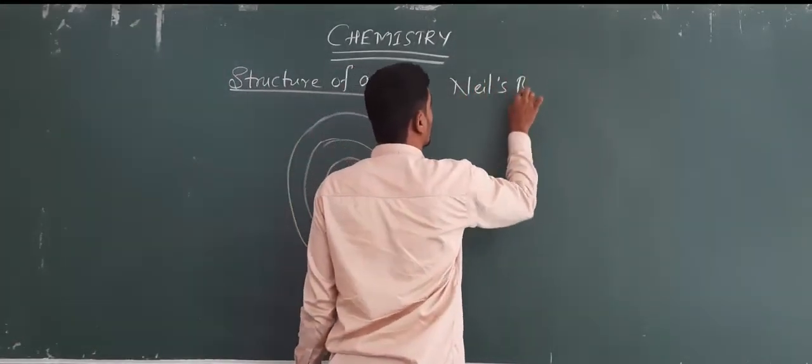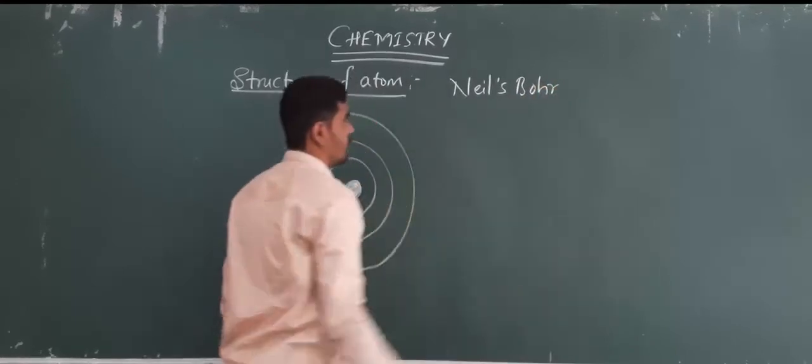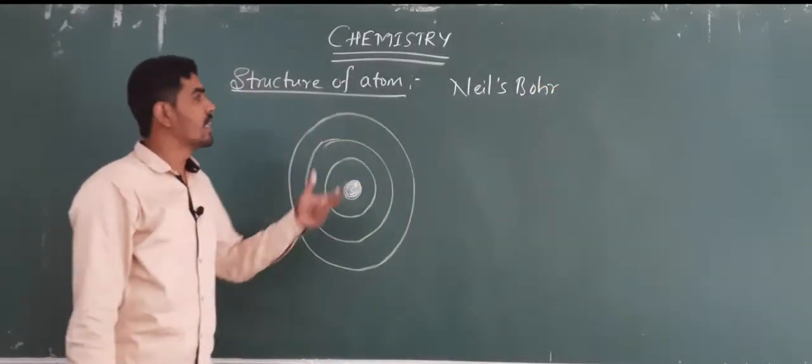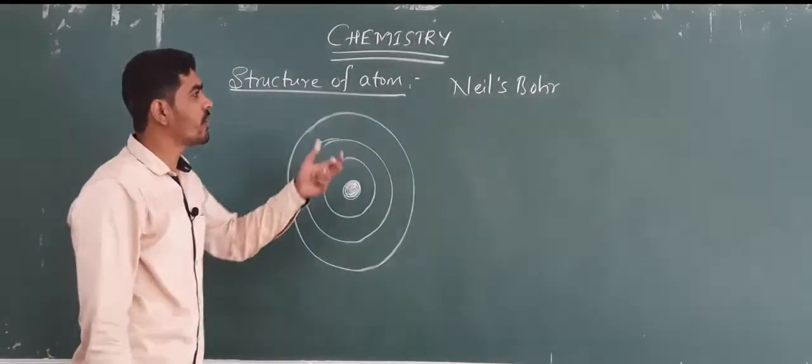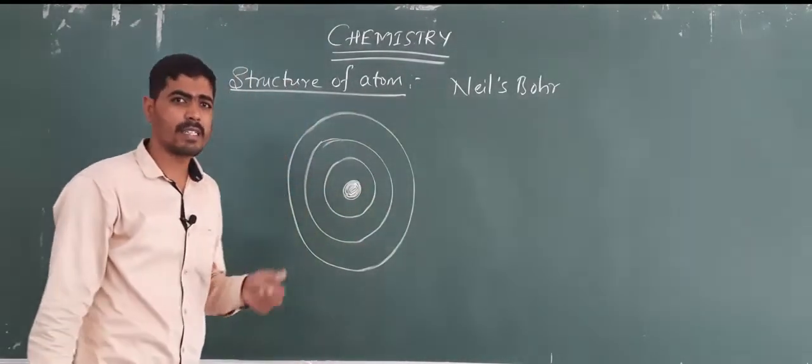He has given the structure of the atom, and we will study his model, that is the Bohr model of an atom. So according to Niels Bohr, what did he say?